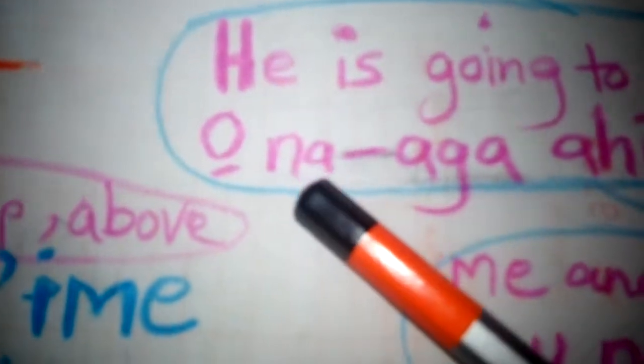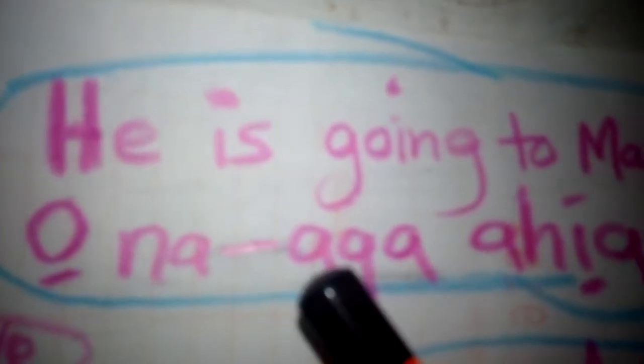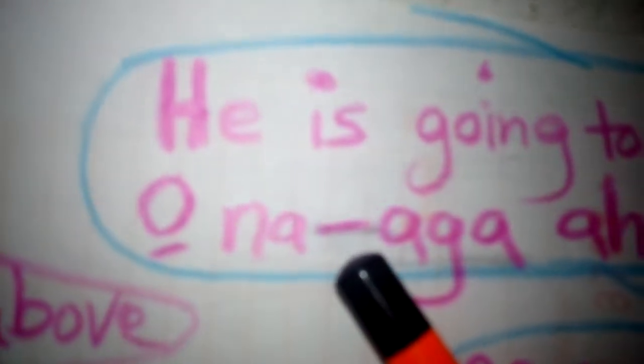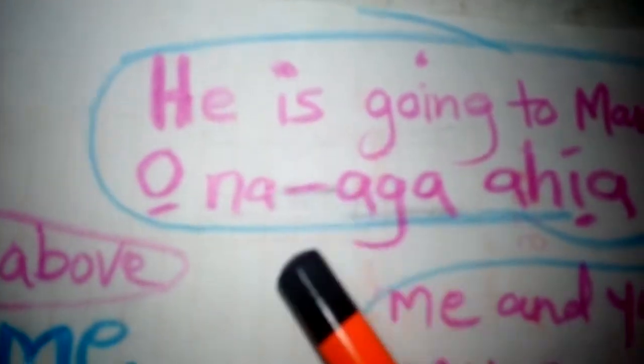But if it's a preposition, you drop the a, because there is a vowel here and there is a vowel here. Since this one is not a preposition, it's a verb, you don't drop it. All verbs in Igbo language have this. I will teach you about this later.